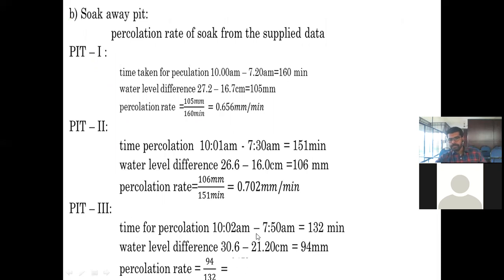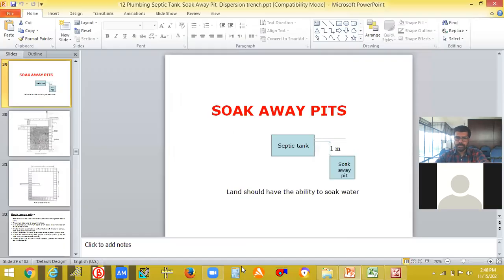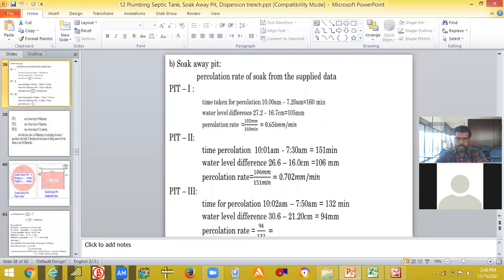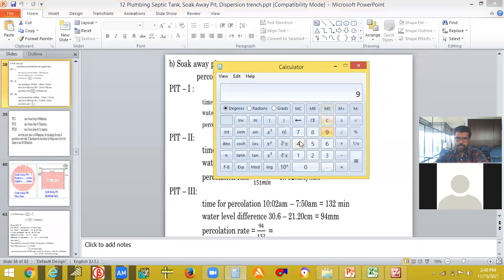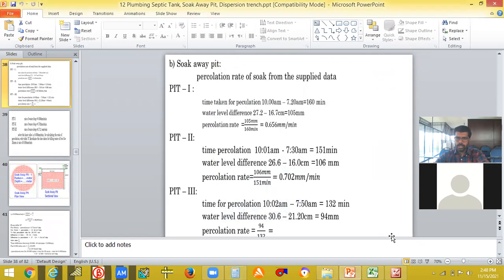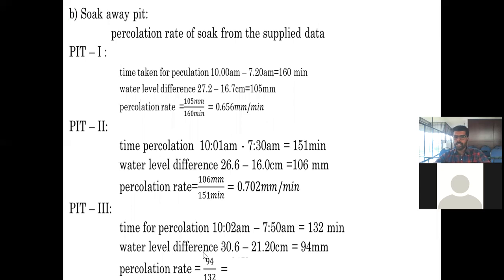How much do you get? 0.712 is the percolation rate. 0.712 mm per minute is the percolation rate in pit 3.